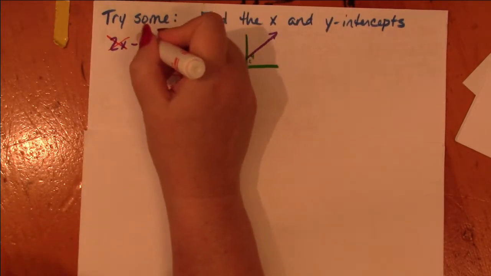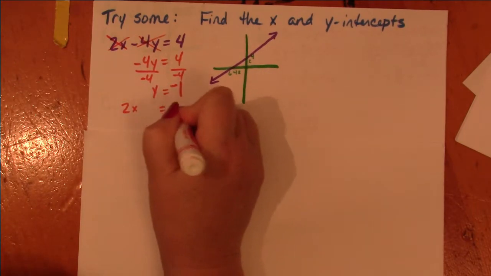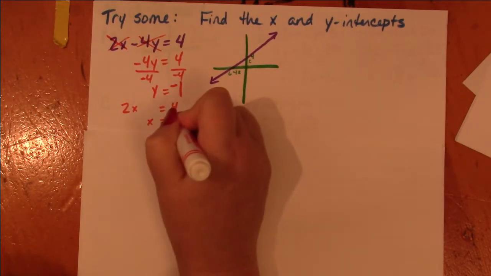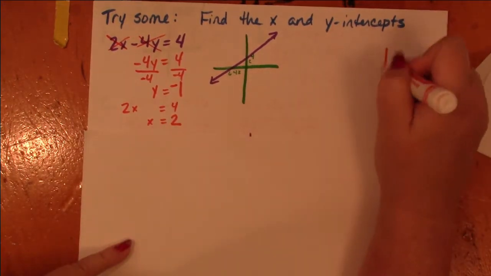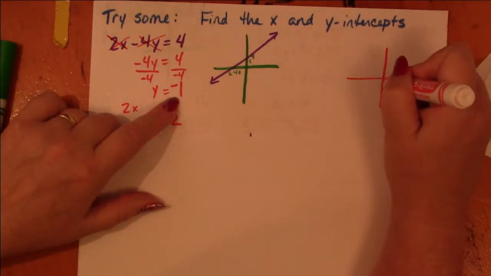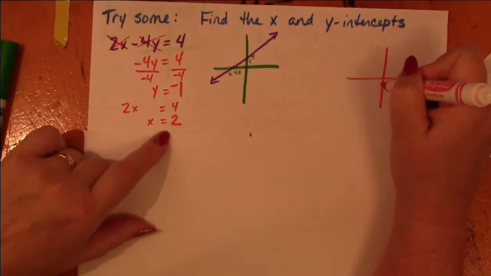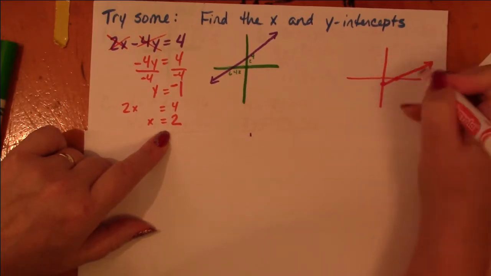If y equals 0, then 2x equals 4 and x equals 2. And when I graph that, it crosses the y at negative 1 and it crosses the x at 2. And there's my line.